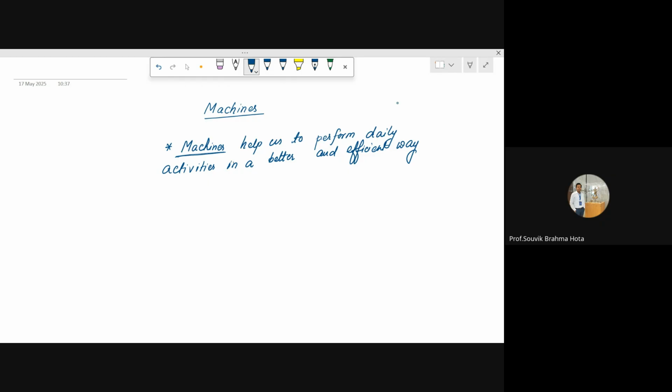Now, functions and uses of simple machines.